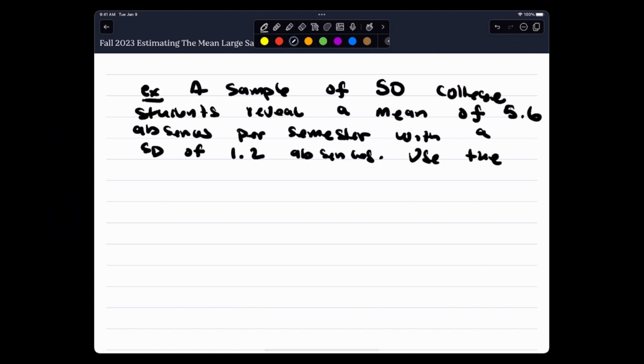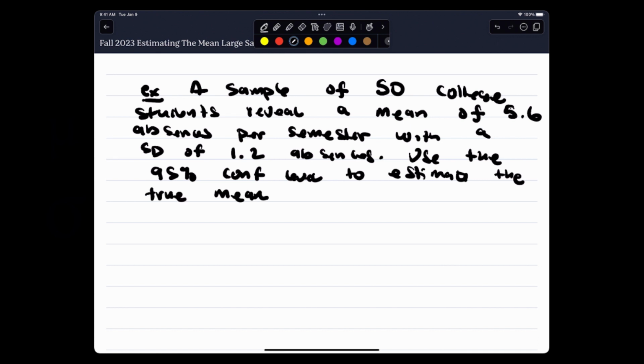Use the 95% confidence level to estimate the true mean. And that's the true mean number of absences. All right, you guys okay with that? Hopefully students aren't absent. Okay, let's give you guys some time.